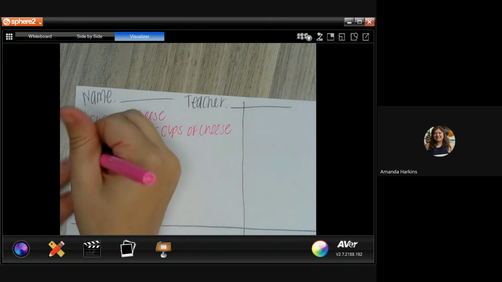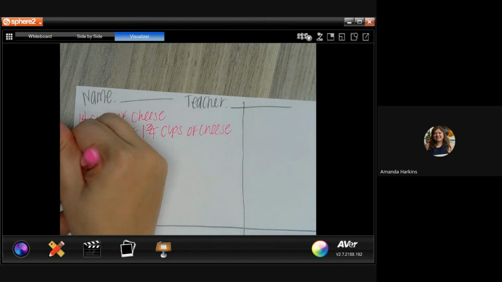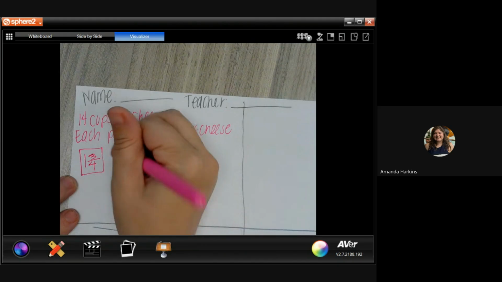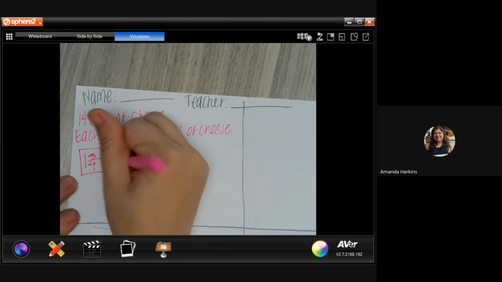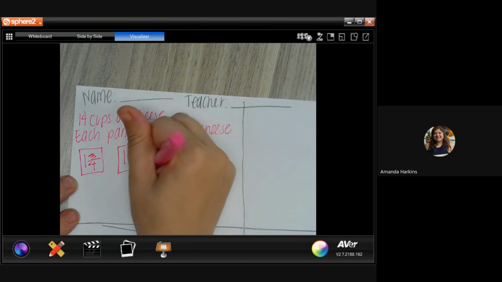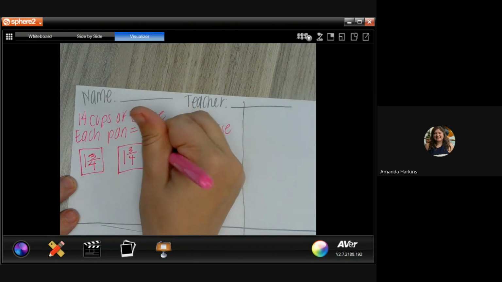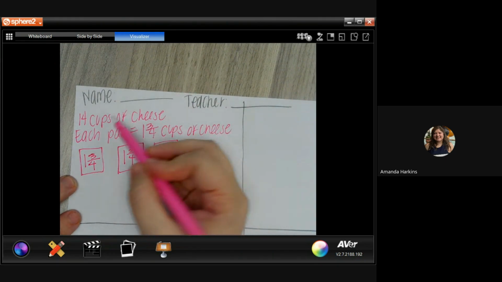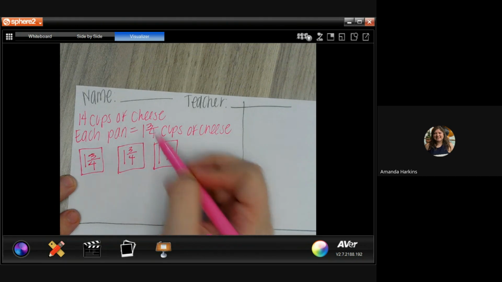So basically, he makes one pan that's 1 3/4, and then he makes another pan that's 1 3/4, and another pan that's 1 3/4, because he's taking this cheese and he's separating it.